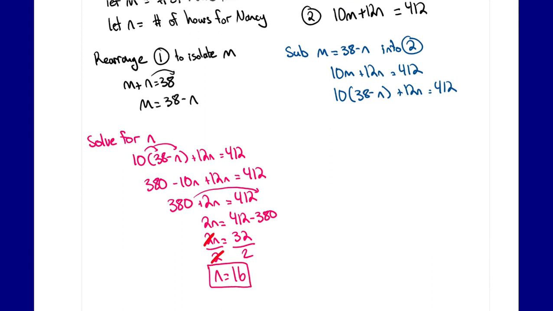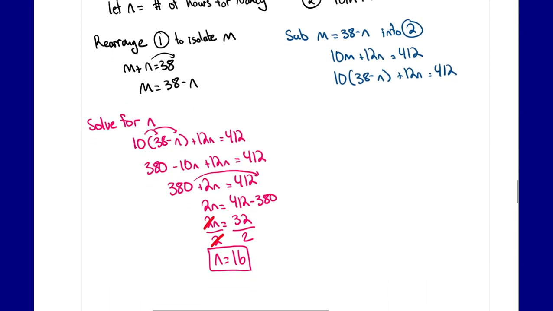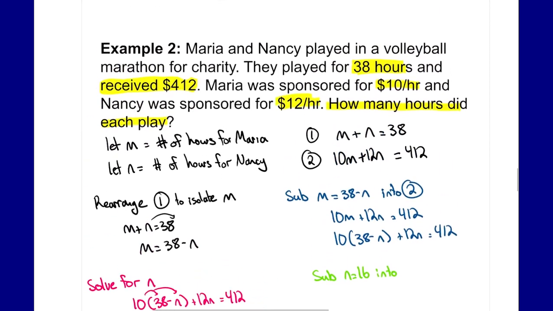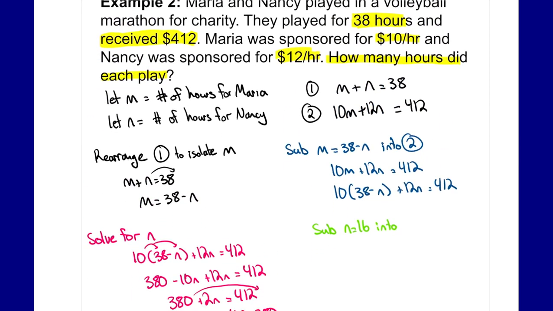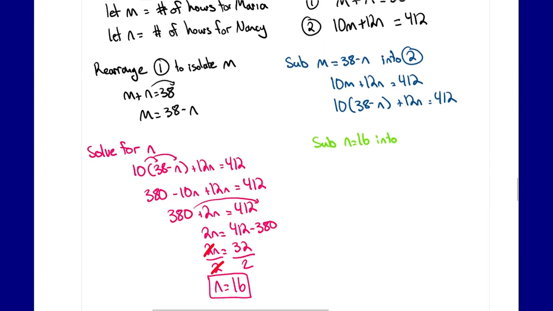So we know part of our point of intersection, or one of our variables. We need to now find our other variable. So we are going to substitute n equals 16 into, and if we look at the two equations, the easiest one to solve for would be equation 1.